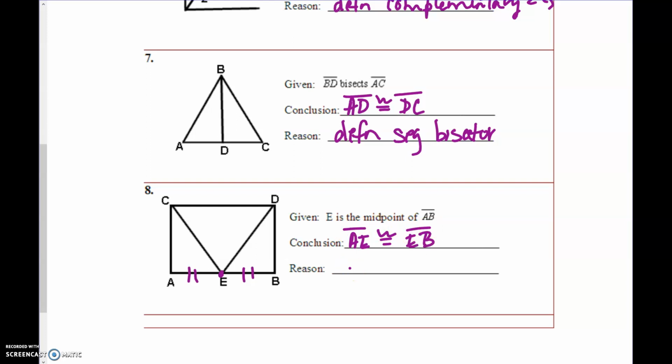And why can we say that? That is the definition of a midpoint. Definition of midpoint and segment bisectors, you might get the same result, but you just have to have different reasons based on what they are giving you. Okay, hope this worksheet helped a little bit with some of those conclusions and the reasons why we can make those conclusions.